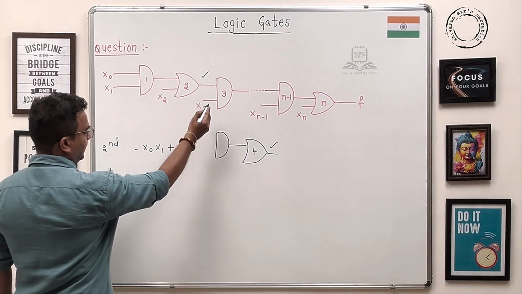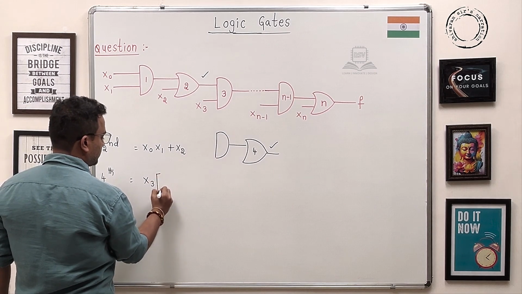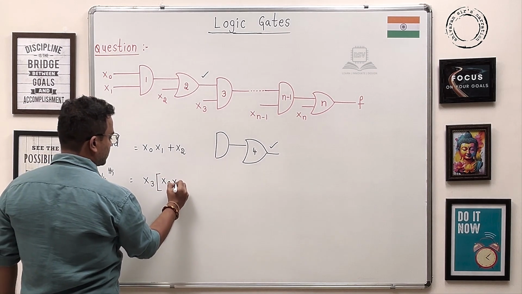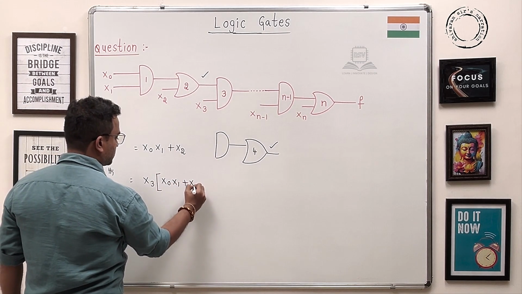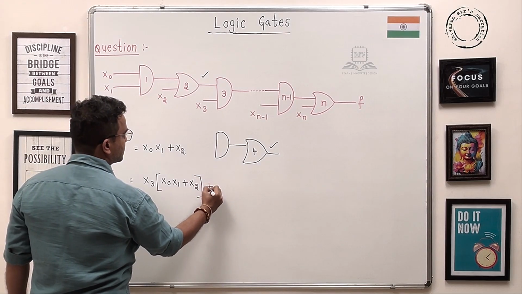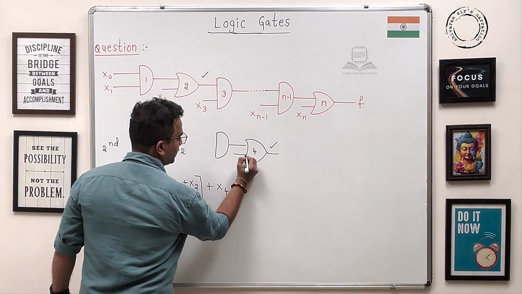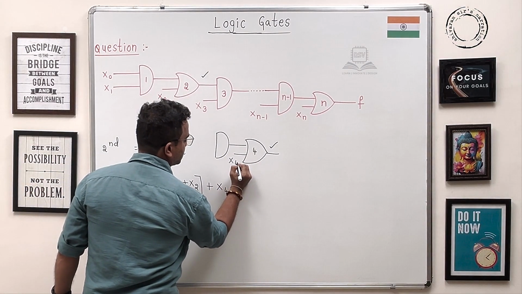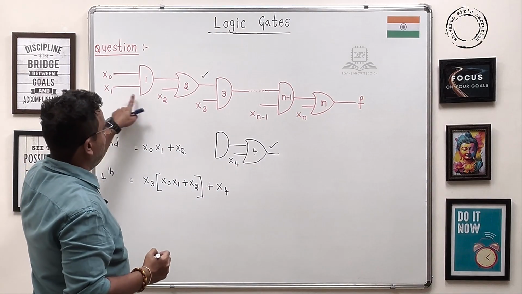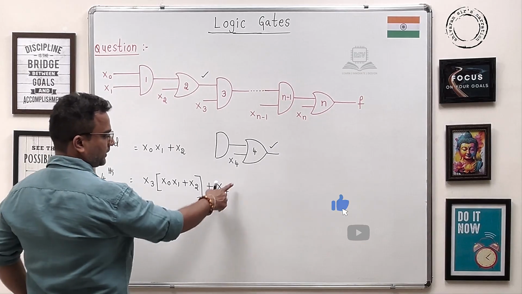It is x3 into (x0 x1 plus x2), plus x4, because for this it will be x4 only, the same pattern x1, x2, x3, and then x4.